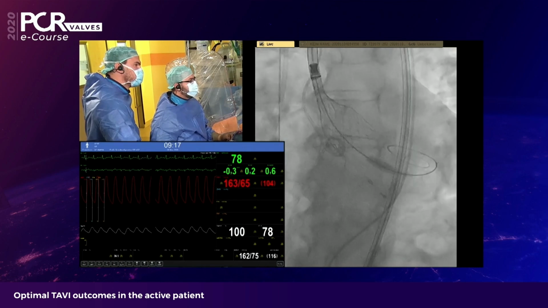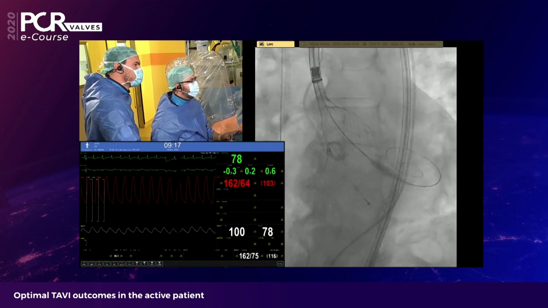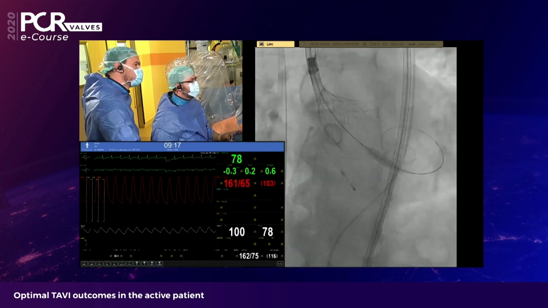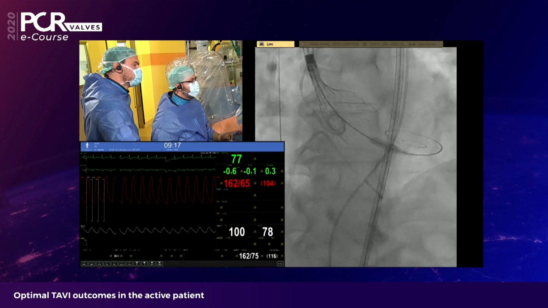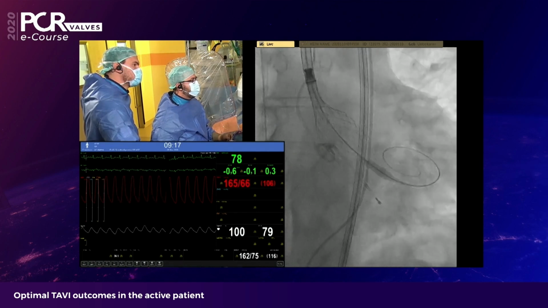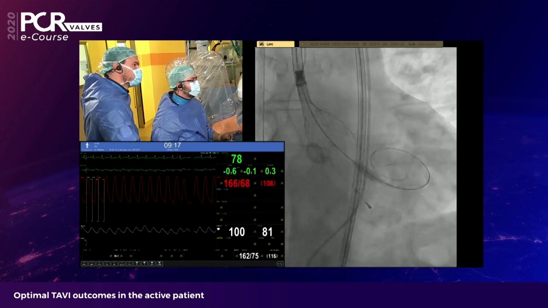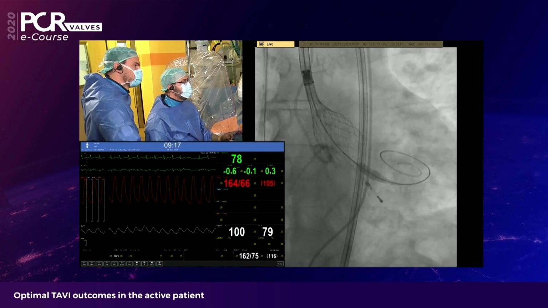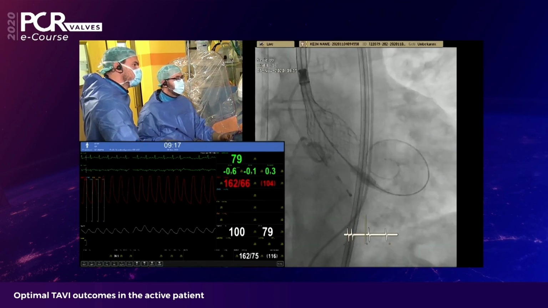The advantages and disadvantages of a high position are clear to everyone, and we want to make sure that we are at the correct depth. So let's take a picture here without an angiogram. Yeah, it looks better here. What do you think, Philip?